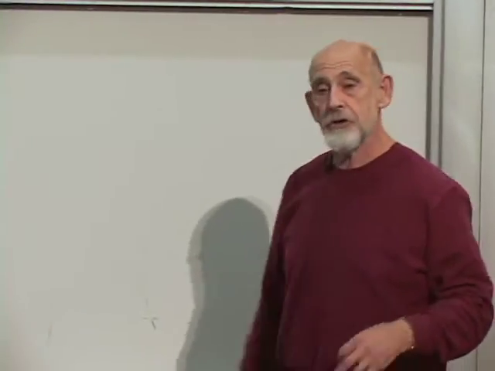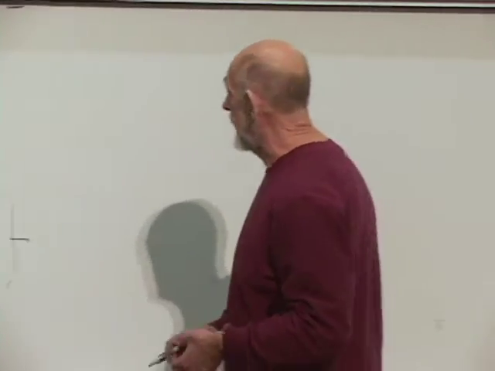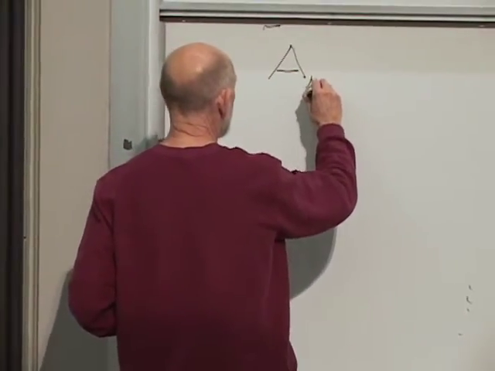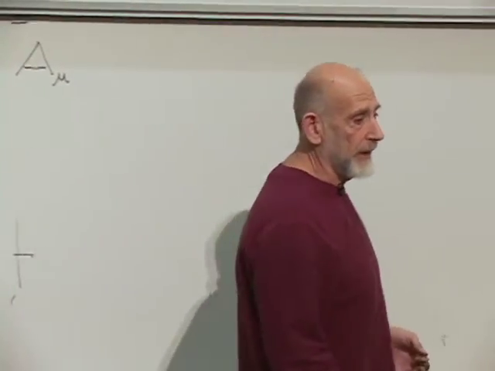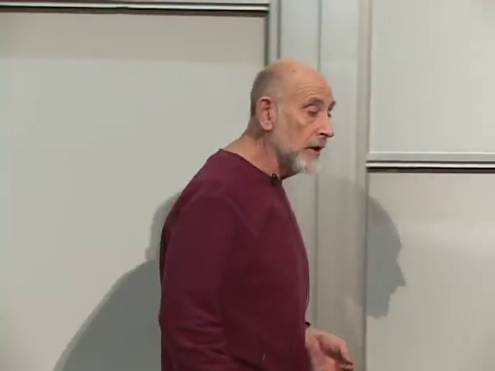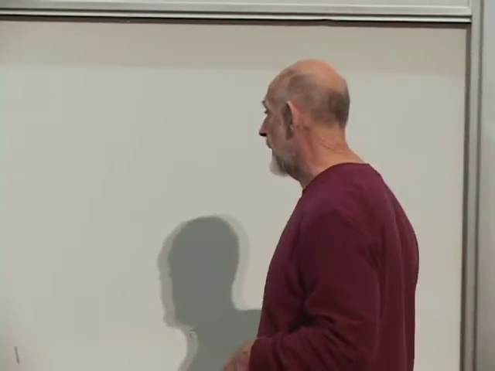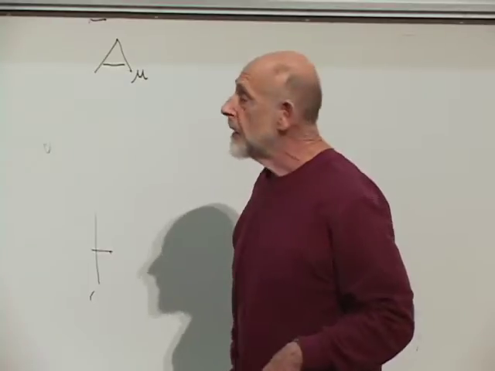The electric and magnetic field are describable in terms of a 4-dimensional vector potential, A mu. You build up the magnetic field as the curl of the vector potential, and the electric field as related to the time derivative of the vector potential. It's a 4-vector. It has 4 components.